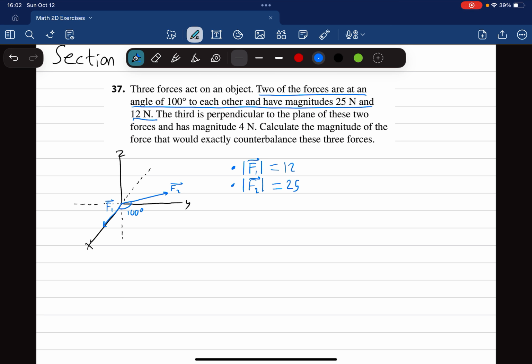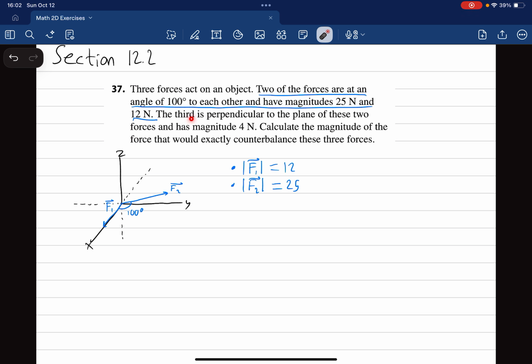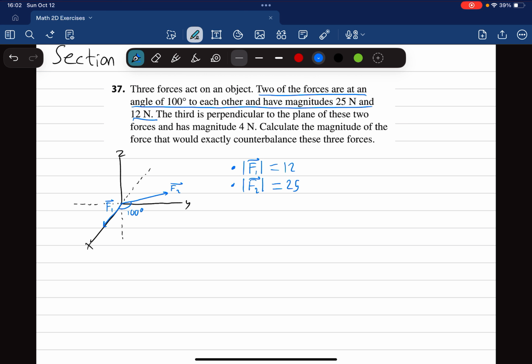And finally, we need to address this third vector here, the one that's perpendicular to the plane of these two forces and has magnitude 4 newtons. Now, as it stands, the obvious temptation would just be to draw a vector pointing up, perpendicular to the xy plane, call that force 3, and just mention that force 3 has a magnitude of 4.